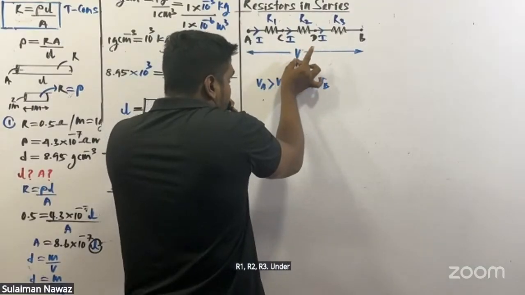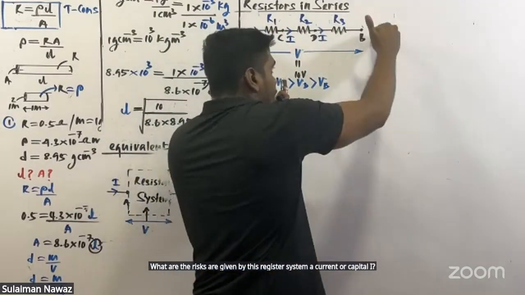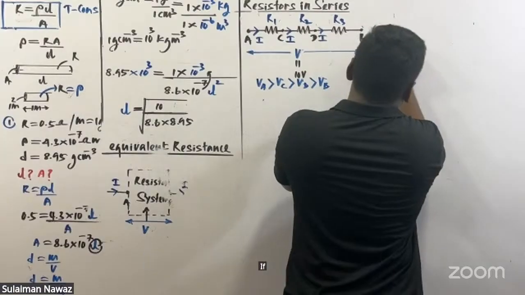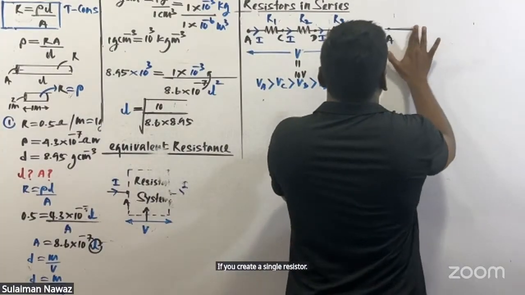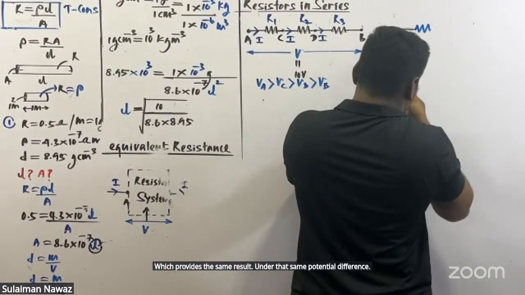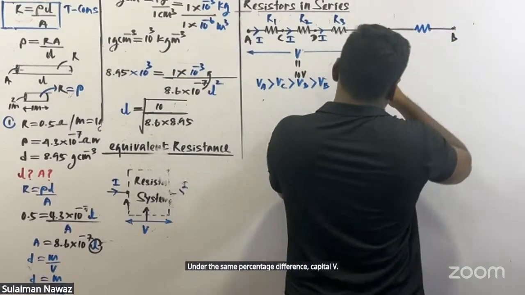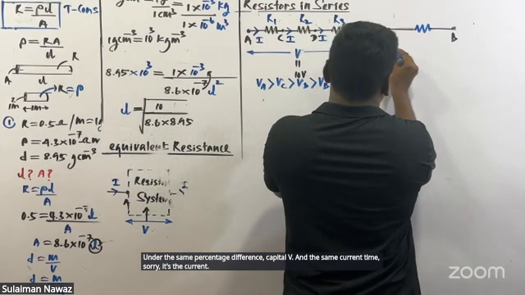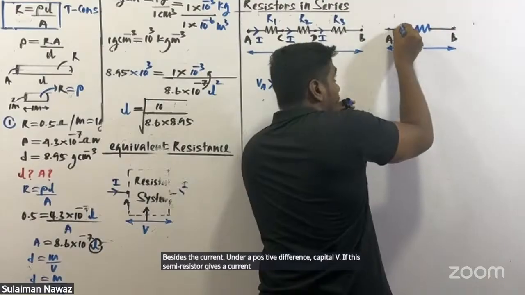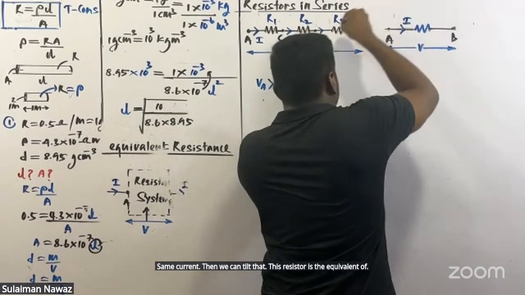Under a potential difference capital V, this resistor system gives a current of capital I. Between those two terminals A and B, if you connect a single resistor which provides the same result under the same potential difference capital V, that means the same current I, then we can tell that this resistor is the equivalent of these three resistors.